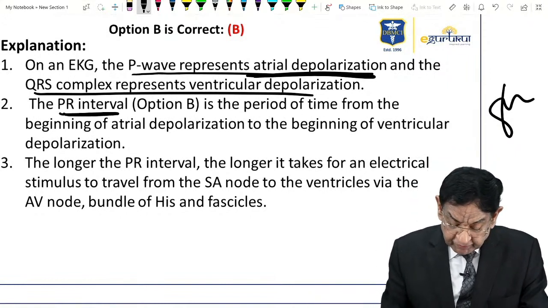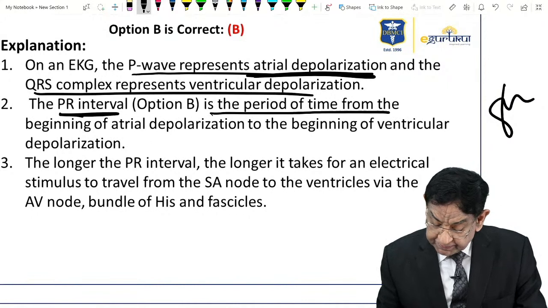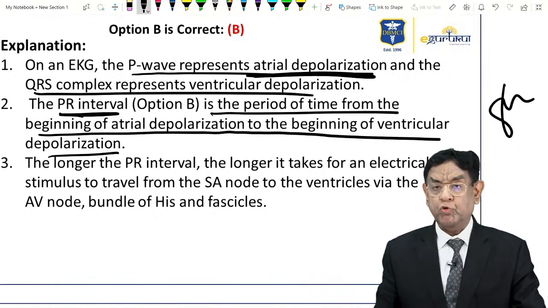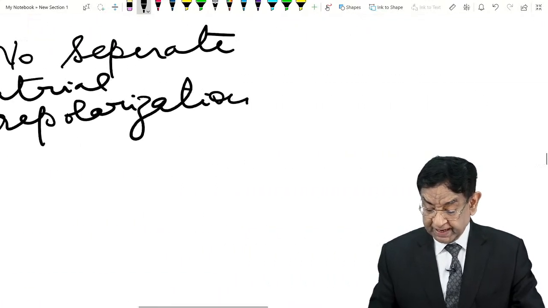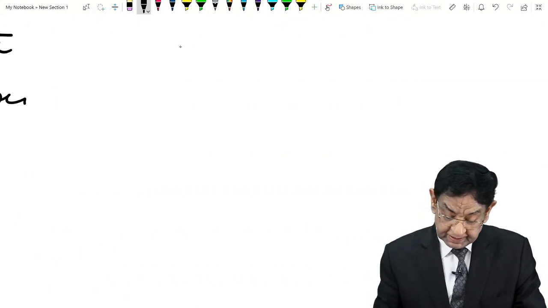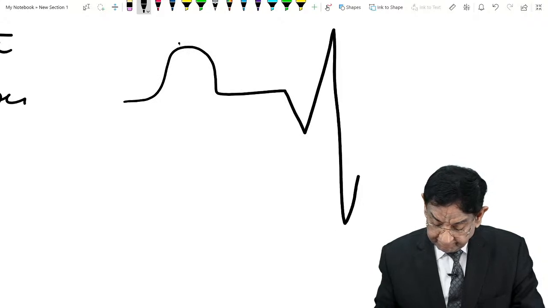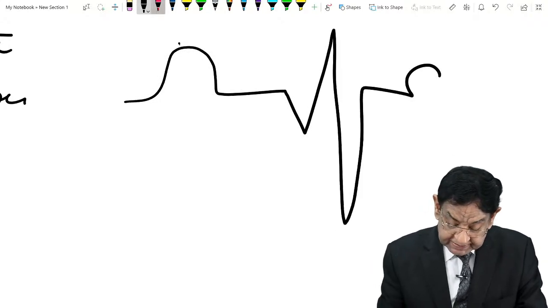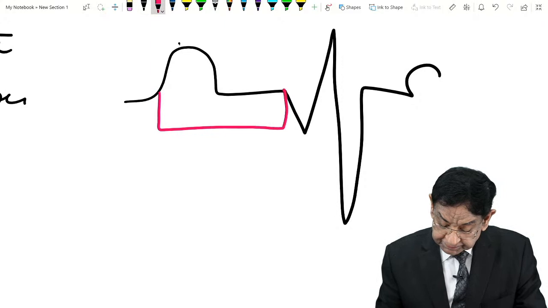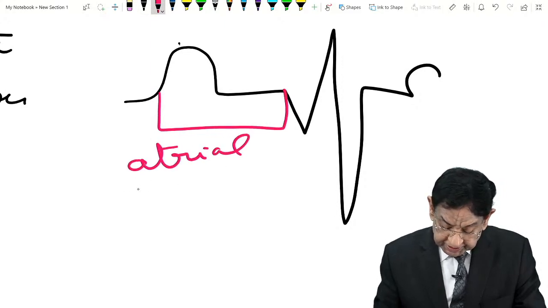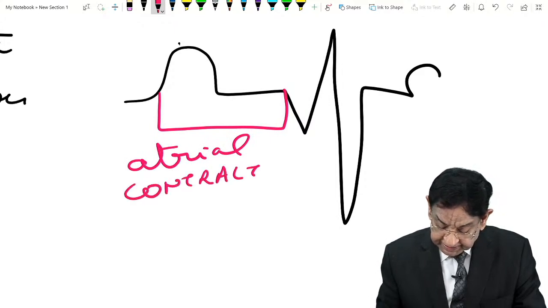Now the PR interval is the time from the beginning of atrial depolarization to the beginning of ventricle depolarization. Let's go back. This PR interval tells the atrial contraction or systole, whatever you can say. I am writing contraction for easy understanding.